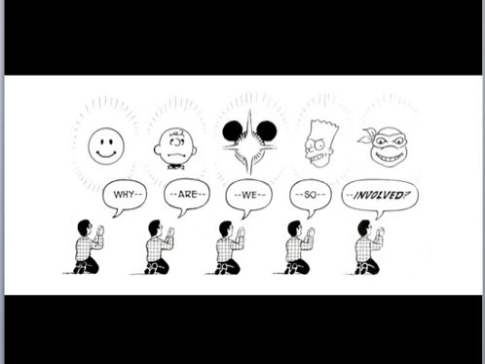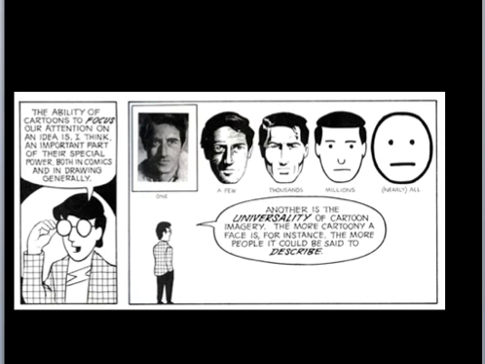And here we just have an image from the book where he's looking at various icons: the happy face, Charlie Brown, Bart Simpson, and then we get even more involved, to the Ninja Turtles. But again, it's the ability of cartoons to focus our attention on an idea that McCloud thinks is a special power both in comics and in drawing in general.